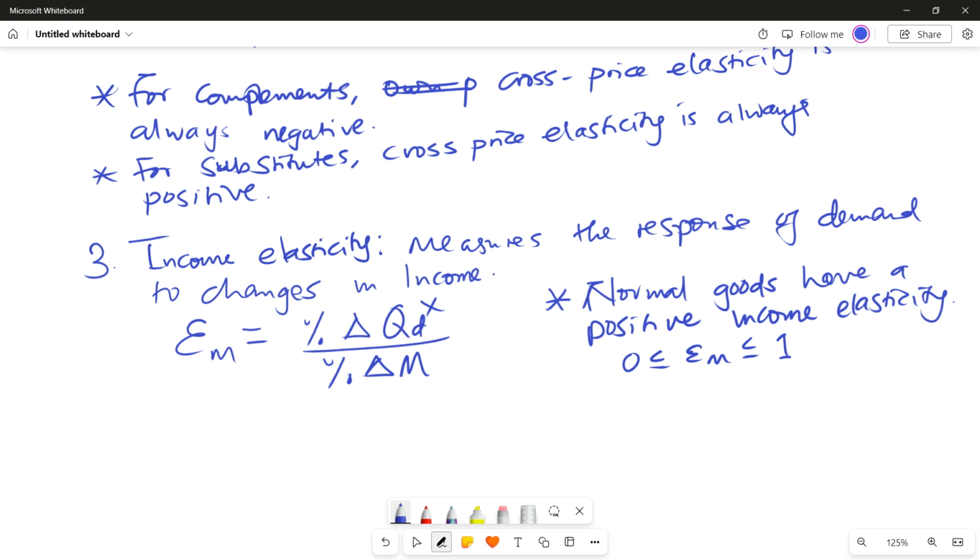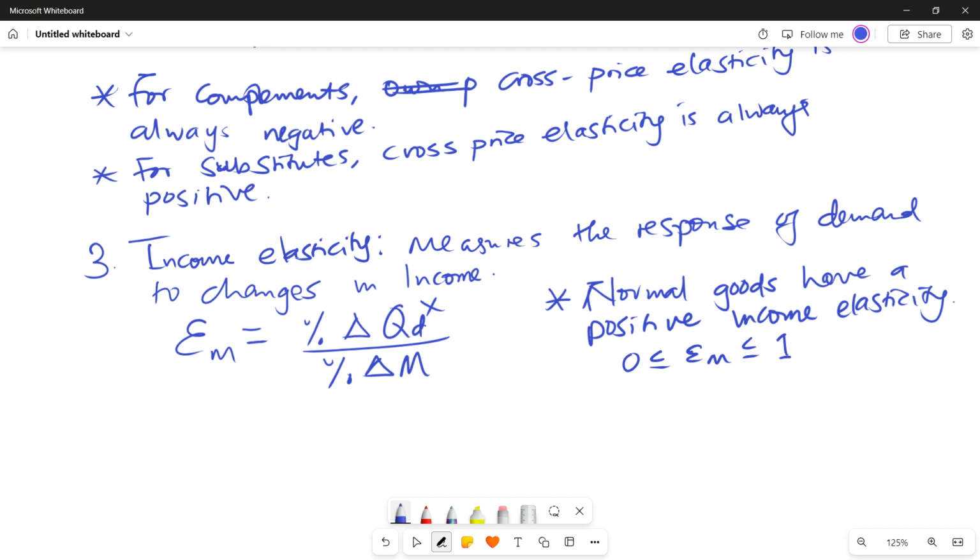In short, if we have calculated the income elasticity and our answer is lying between 0 and 1, then this means that the good we're dealing with is just a normal good. A normal good is a good where an increase in income leads to an increase in demand.